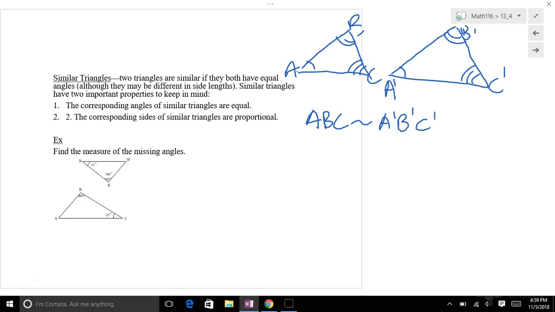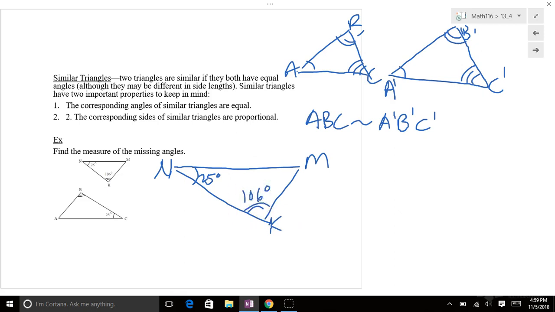Okay? So if you're looking at these, find the measure of the missing angles. Notice, and you know what, let me blow this up a little bit. This N is 25 degrees right there, and the K is 106 degrees.